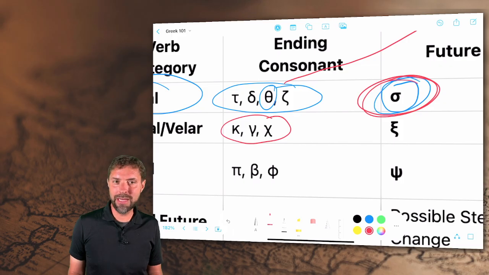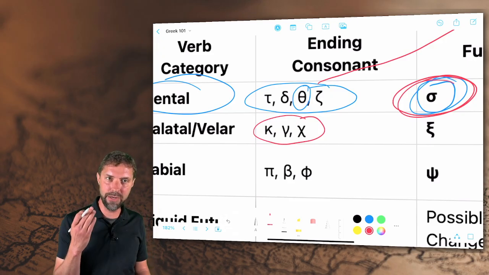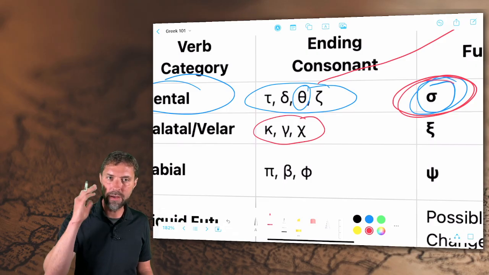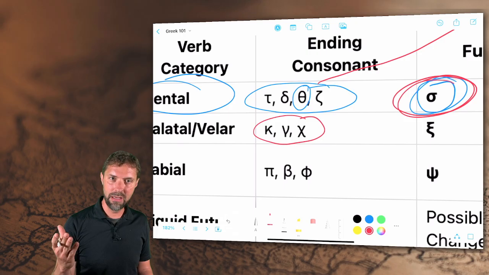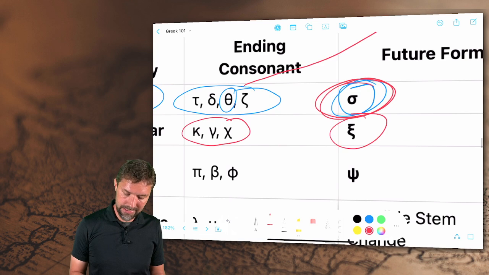What you're actually doing with a ksi is you're starting out with a palatal sound and you're turning that into an s. So it starts, if I slow down a ksi sound, it would sound like ksi, ksi. I'm combining the two. Okay, well those sounds, the k, g, k, combined with sigma will produce xi.